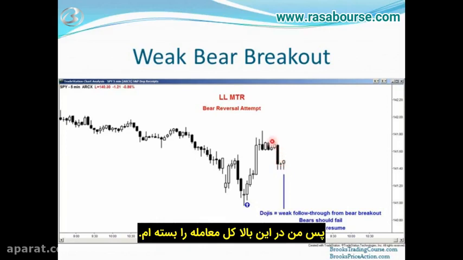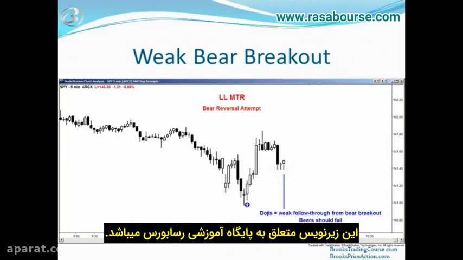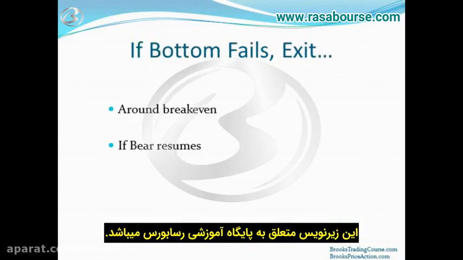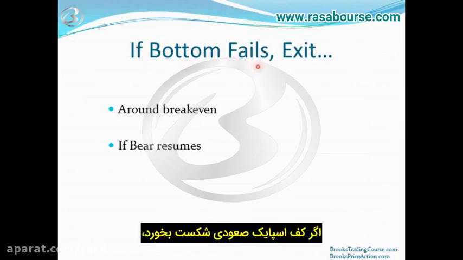So had I gotten out of all of my long position up in here somewhere, I would be currently flat, waiting for more information. If the bottom of the bull spike fails, you'd exit, maybe around break even, or if the bear clearly resumes.